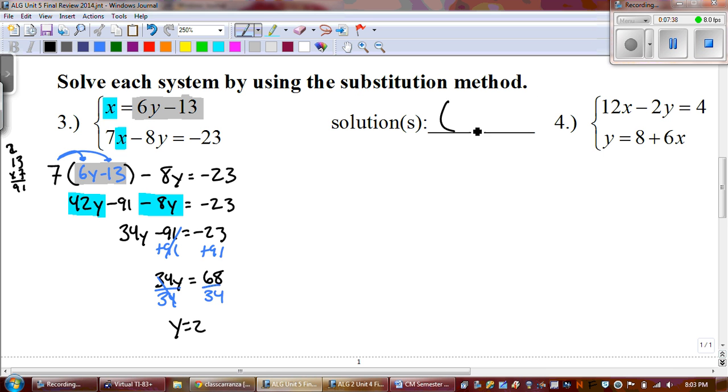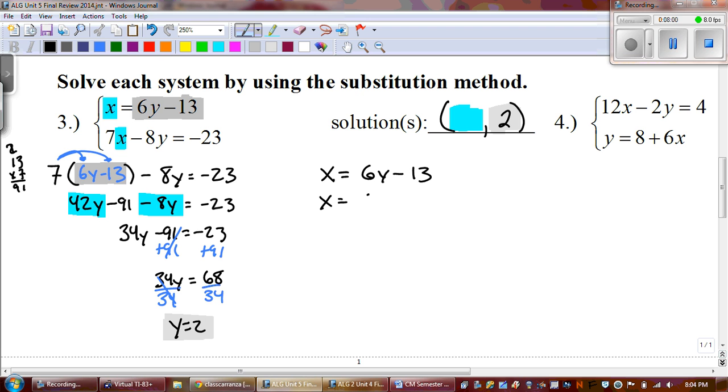No. Okay. We're trying to find a point. All we found was the y. Okay, so I have to put the y down, but I also need the x. Okay, and we learned up here that x equals 6y minus 13.